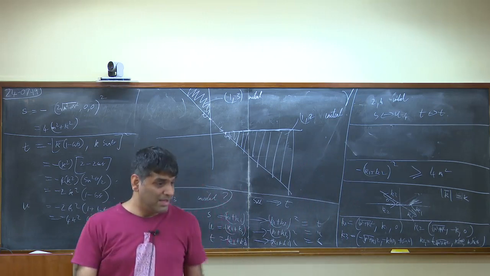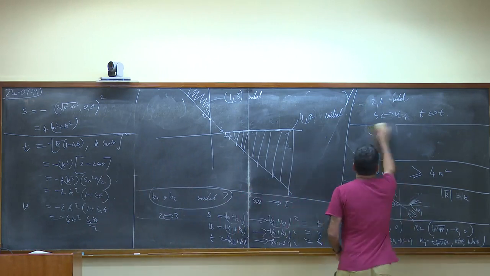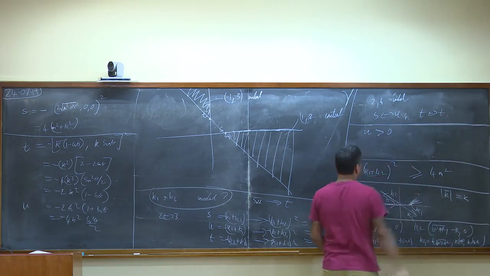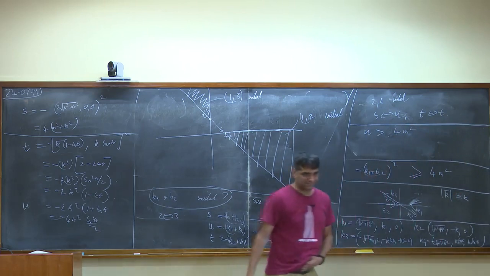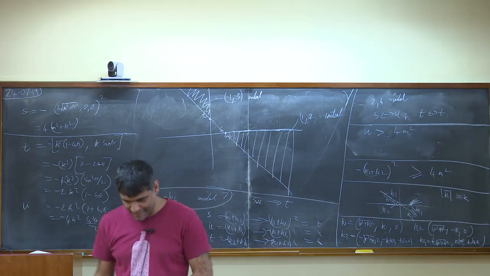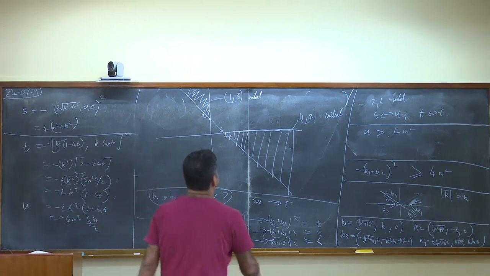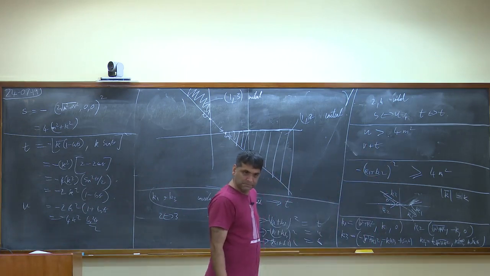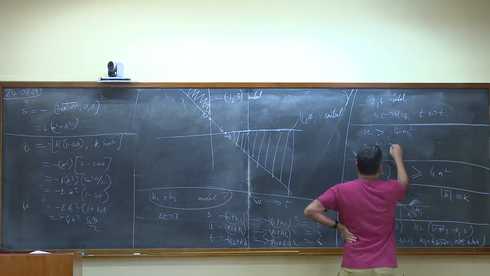As before, the condition is U greater than 0, in fact U greater than 4m squared, and U plus T is greater than or equal to 4m squared.